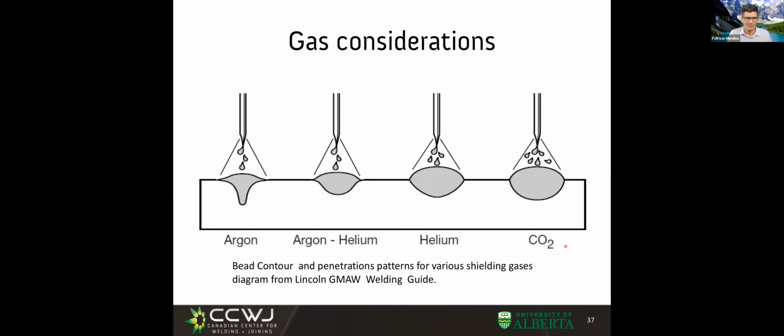Considerations of the gas. This is from the Lincoln MIG guide. Most people say, oh, here we have this thing as if I'm poking my finger into the plate. Many people would say, oh, that's the argon penetration. But in reality, this is not done by the argon.